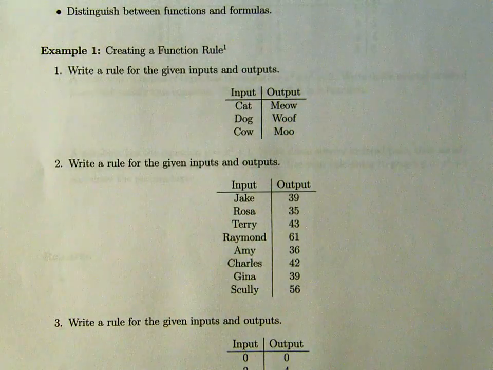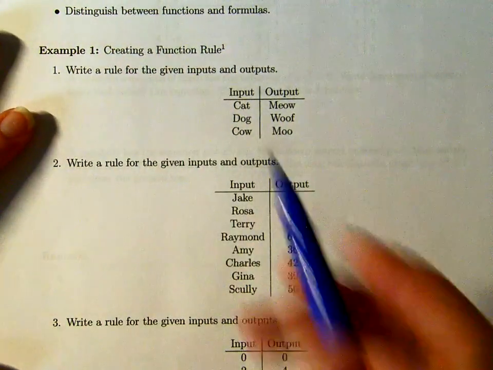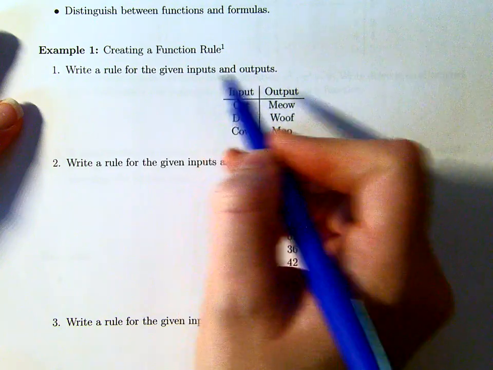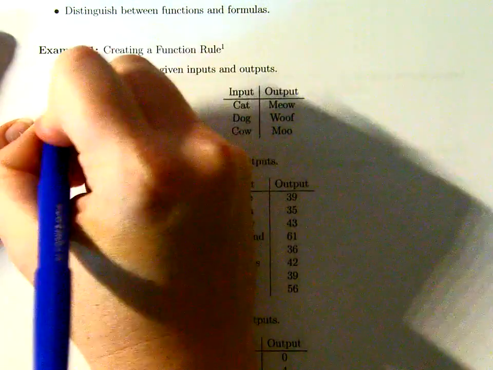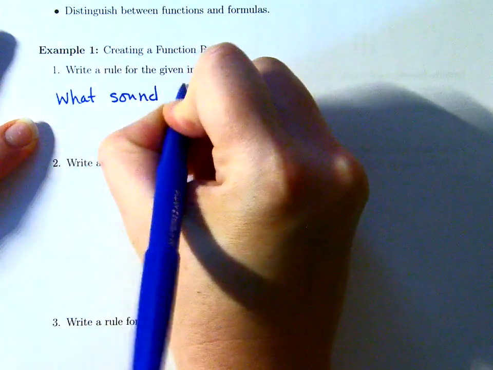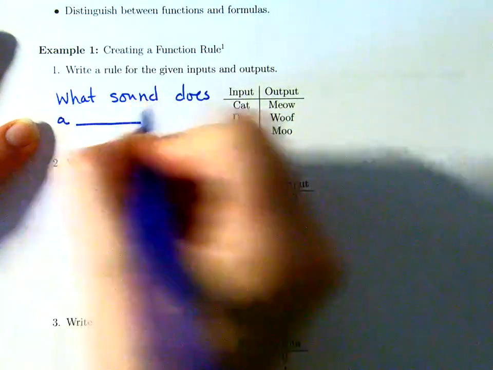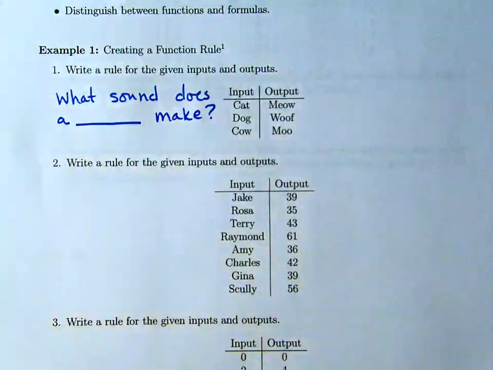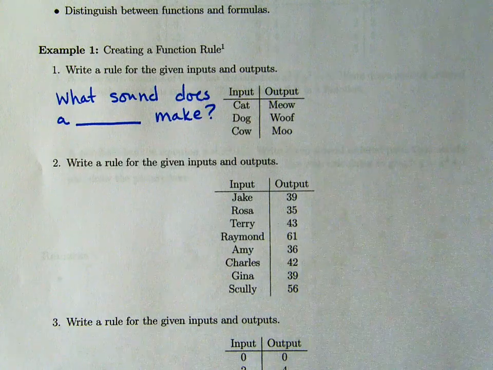Well, it makes a woof. So the rule, and where it gets these names, the nouns input and output, is, okay, what sound does a blank make? And then you ask the user of this function for an input.